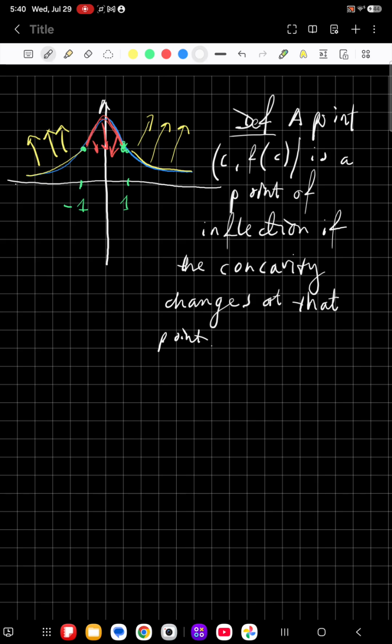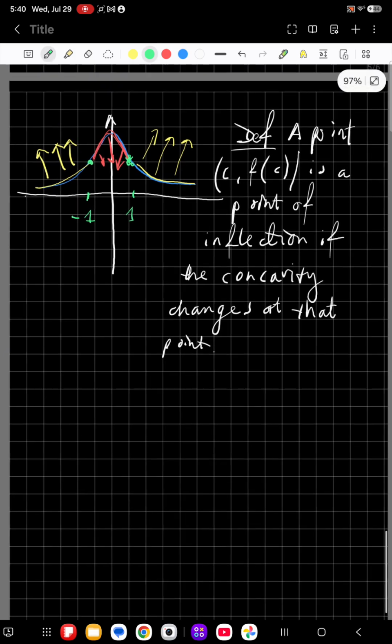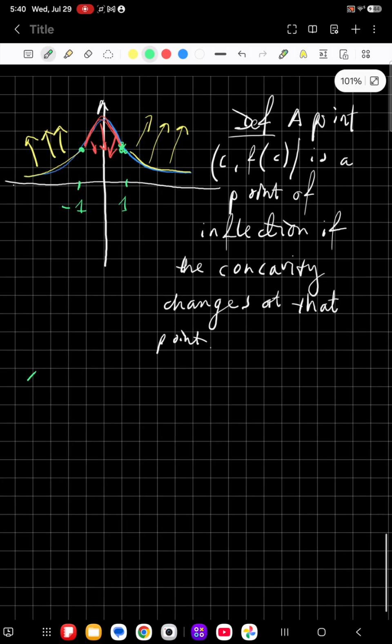And let's make another additional comment here. It's similar with those critical points. So let's write that inflection points have to be in the domain.